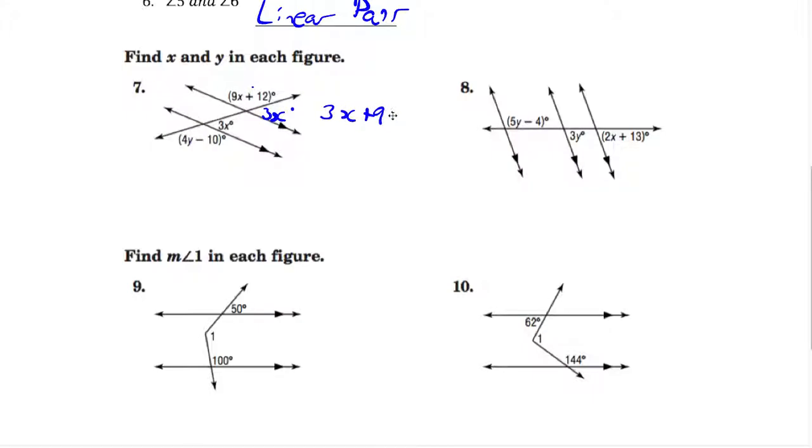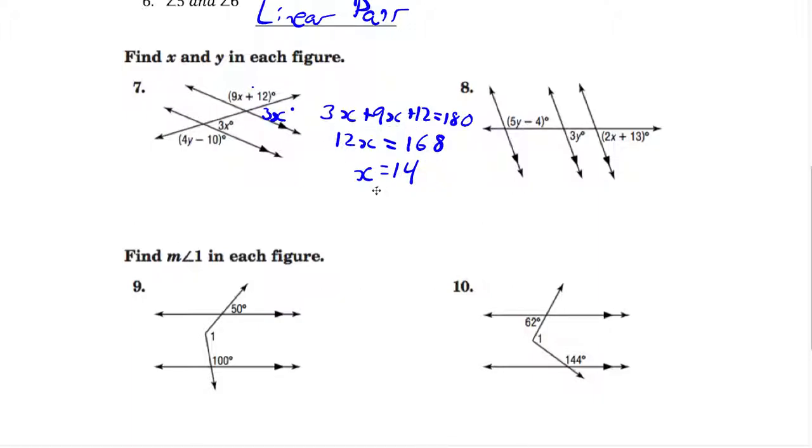So I get 3x plus 9x plus 12 is equal to 180. So that means that 12x is equal to 180 minus 12. So that just happens to be 168. And then we have 168 divided by 12, which is 14. So x is equal to 14.